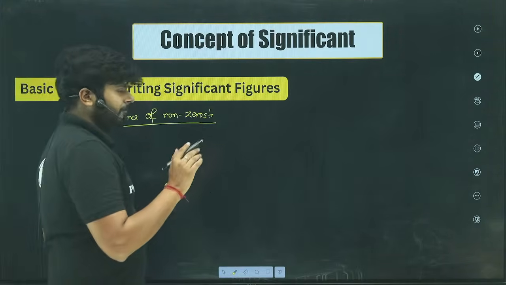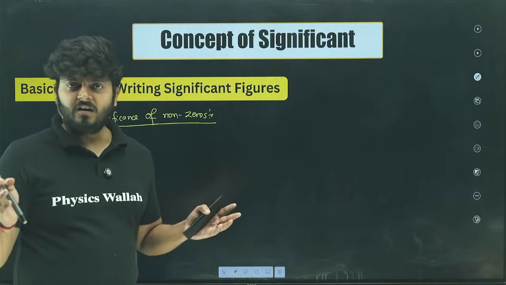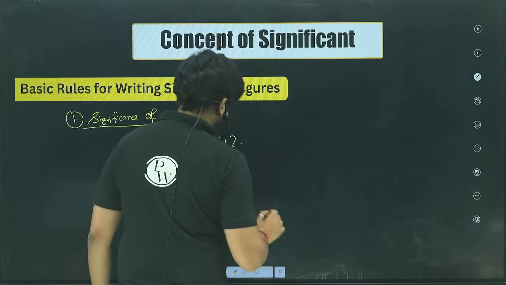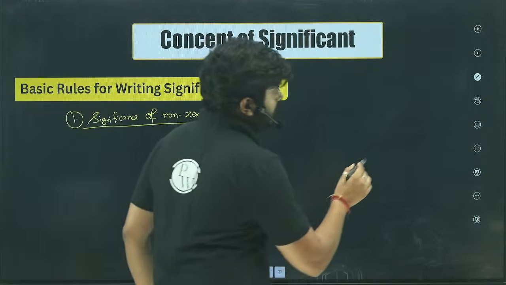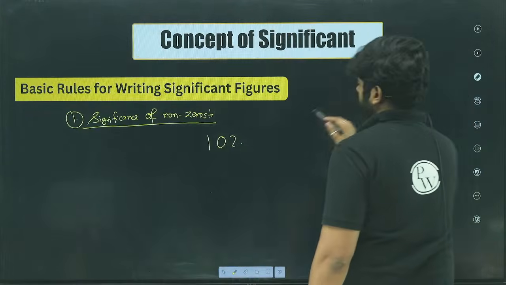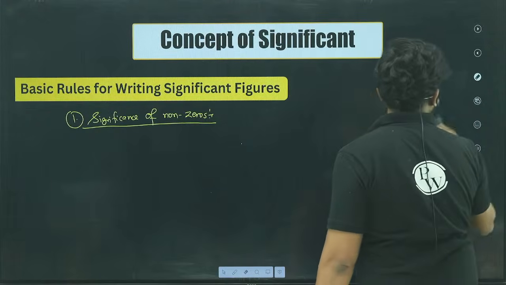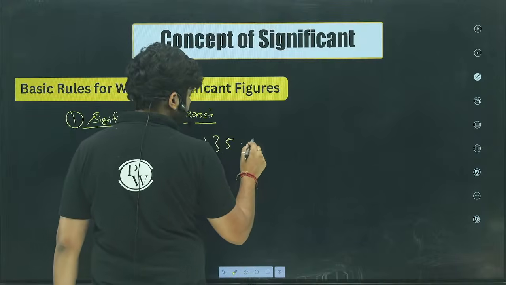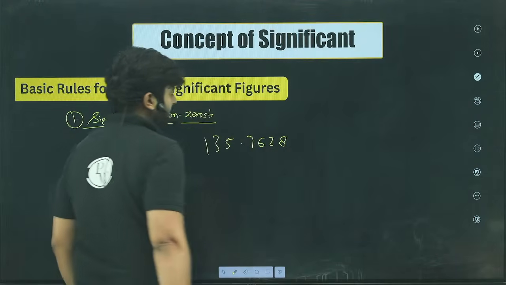If you have a measured value or calculated result and it comes out to be 102, let's say, all the values that you're getting right now are non-zero. It is 135.7628, like this.